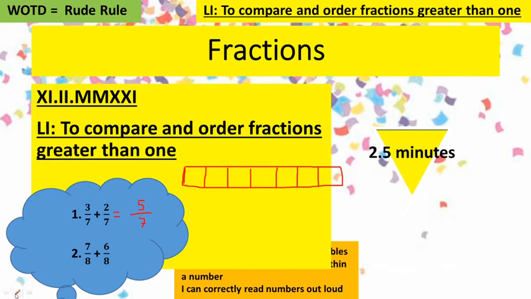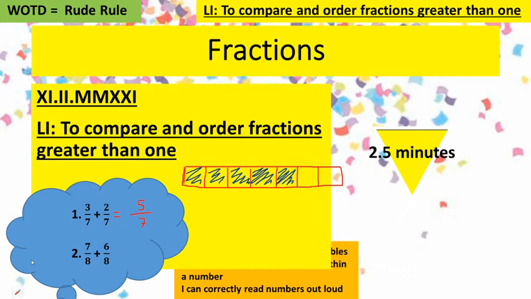Okay, so if I've got 3 parts out of my 7 shaded to begin with, and then I add 2 more, I'm going to have 5 parts out of my 7 shaded, so it's going to be 5 sevenths. If you were to add the denominators together, you're going to end up saying it's 5 14ths, which is not correct. So denominators stay the same, numerators add together.